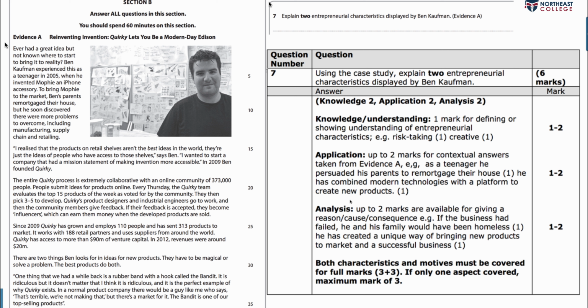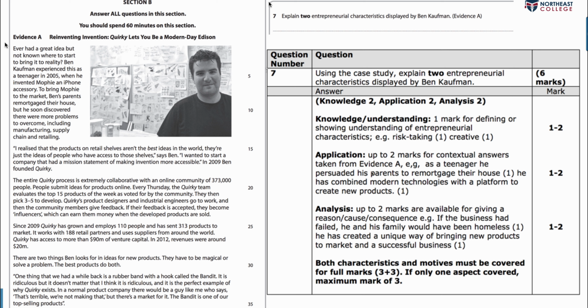Obviously they're choosing to focus on the consequences here. So for instance, this fact that he's a risk taker, what's the consequence of being a risk taker? The disadvantage, more or less. This could have made them homeless. He has created a unique way, we're making reference to the second one, creativity again here, of bringing new products to the market and a successful business.